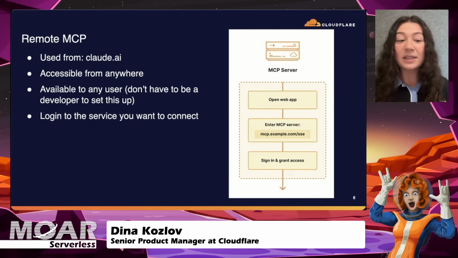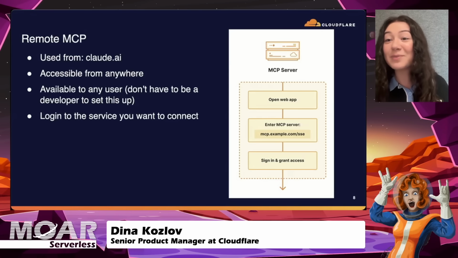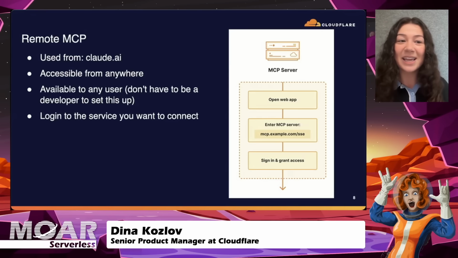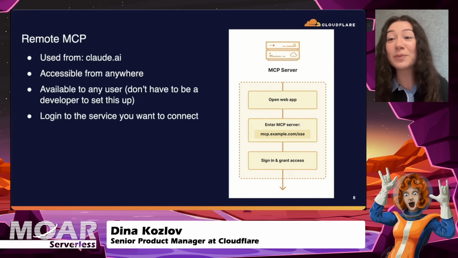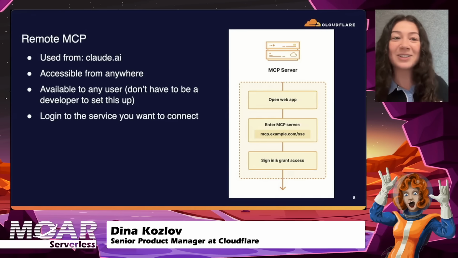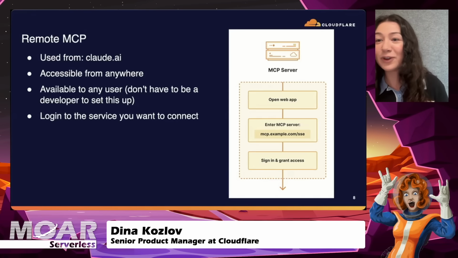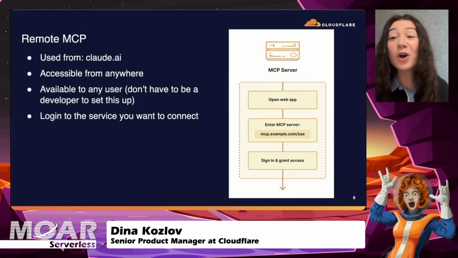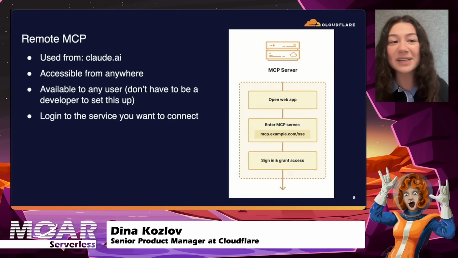The nice thing about remote MCP is that because it is connected to your account and running over the internet, not tied to a specific device, you can access this integration from anywhere, which means that if I log into my AI agent from my work laptop and then from home, the integration stays in place as long as I'm logged into the account in both devices.